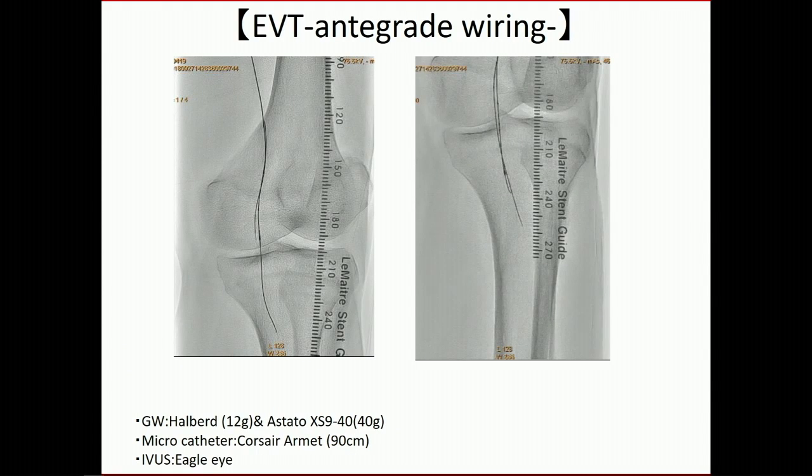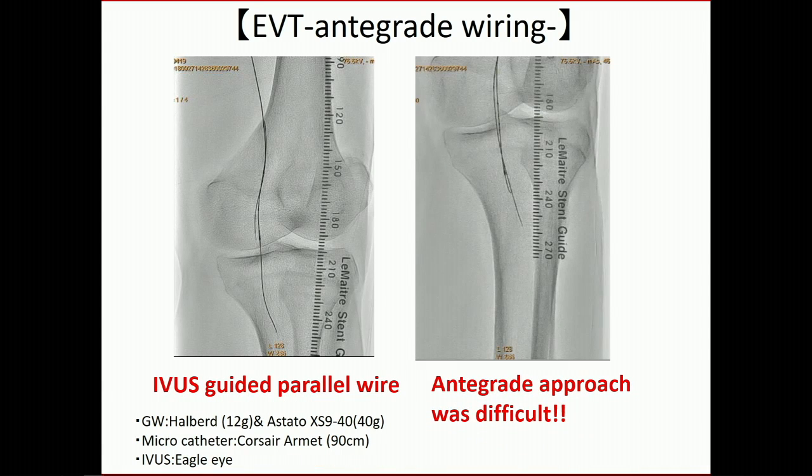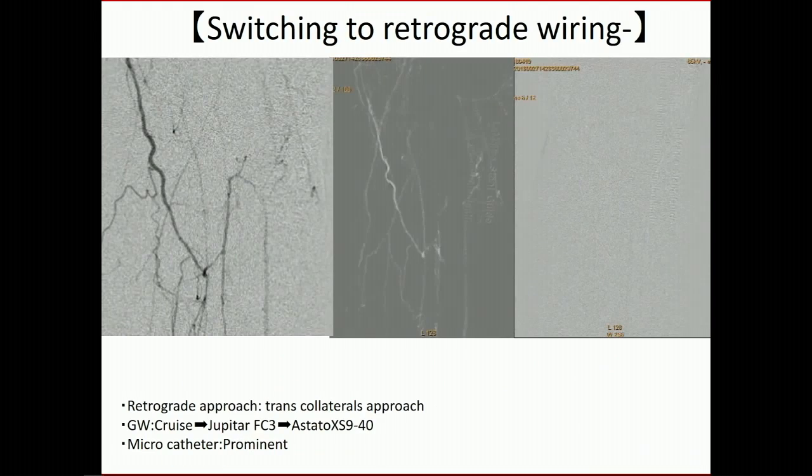So at first, we performed antegrade wiring with a 014 guide wire. However, the CTO was very hard, so the antegrade approach was very difficult. So next, we switched to retrograde wiring. We chose these collateral channels, and we performed a transcollateral approach with a Regalia guide wire.